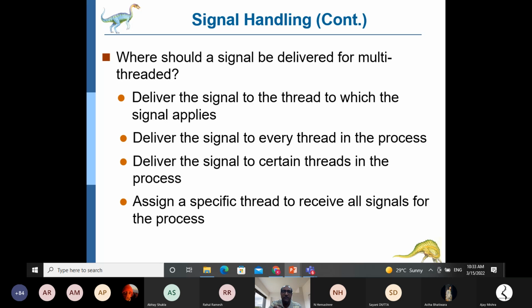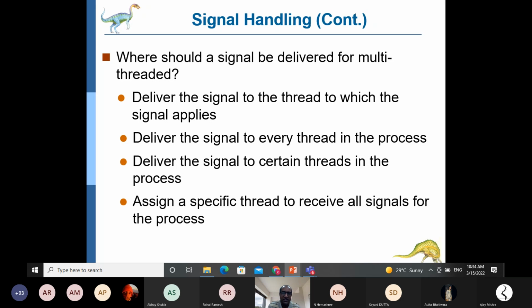So that way there are issues with the signals. There are different possibilities here, as mentioned over here. Depending upon the nature of a thread, when the signal arrives and we want to give it to a particular thread, if the thread is blocking that particular signal, then we'll try some other thread.